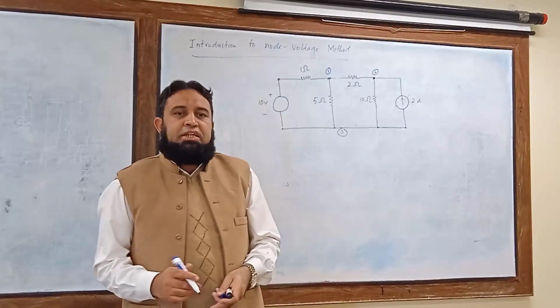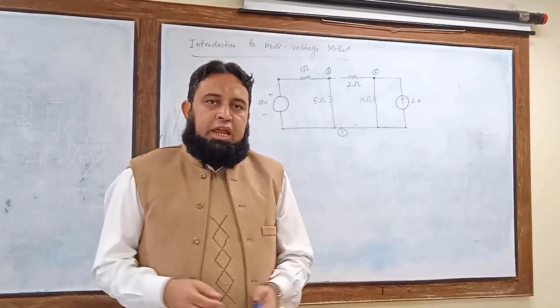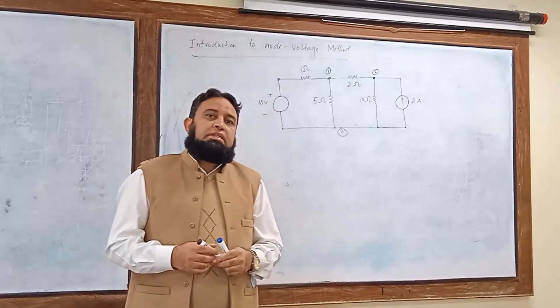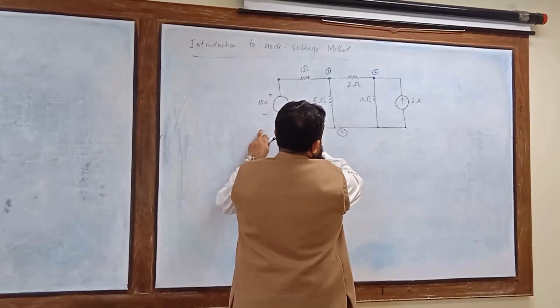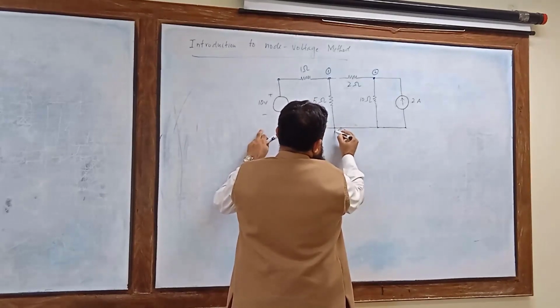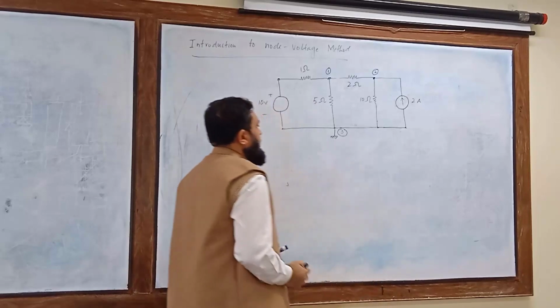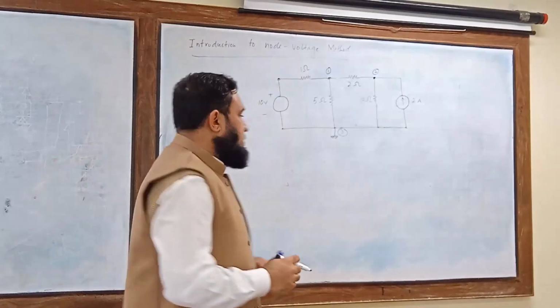But the recommendation is to always take that node as the reference node which has more elements connected. So here, more elements are connected to this node, so we can call this node the reference node. Okay. So now we have 3 essential nodes.